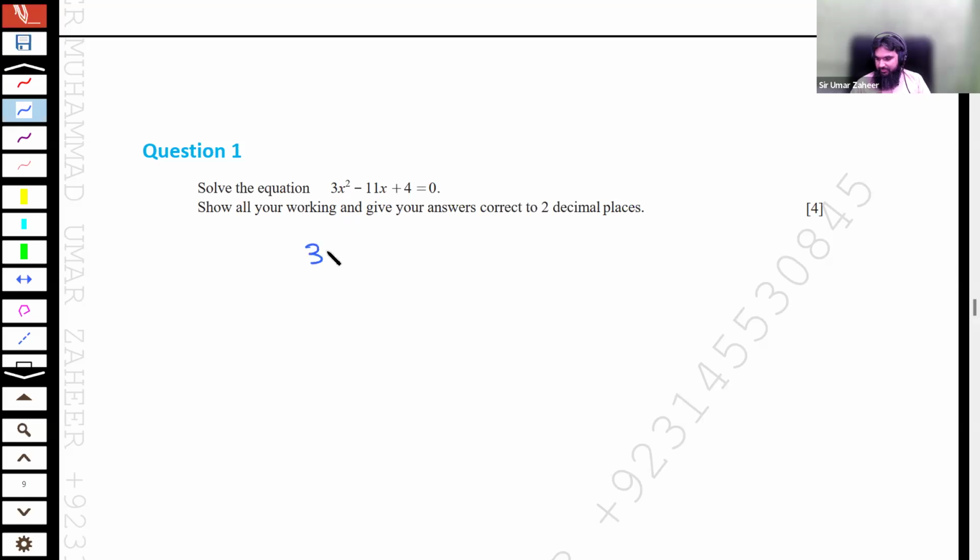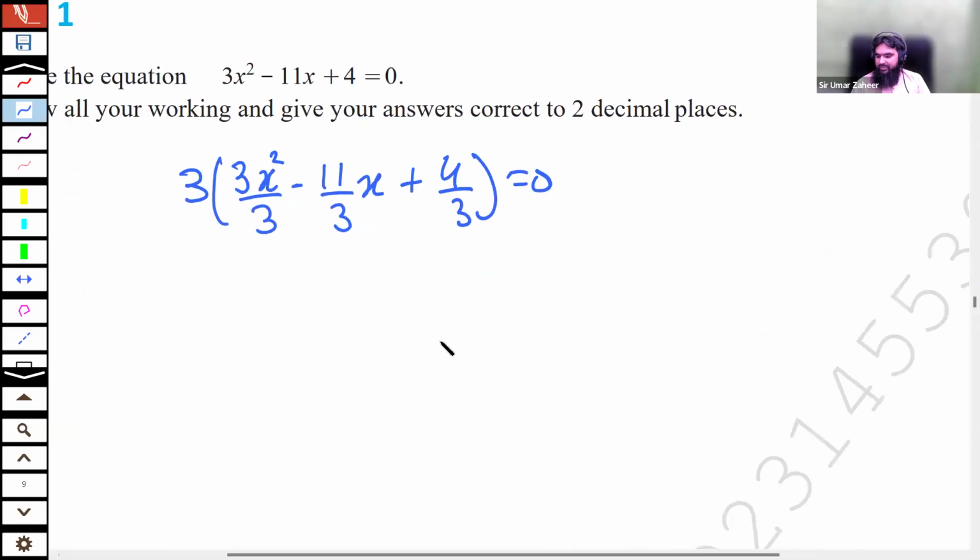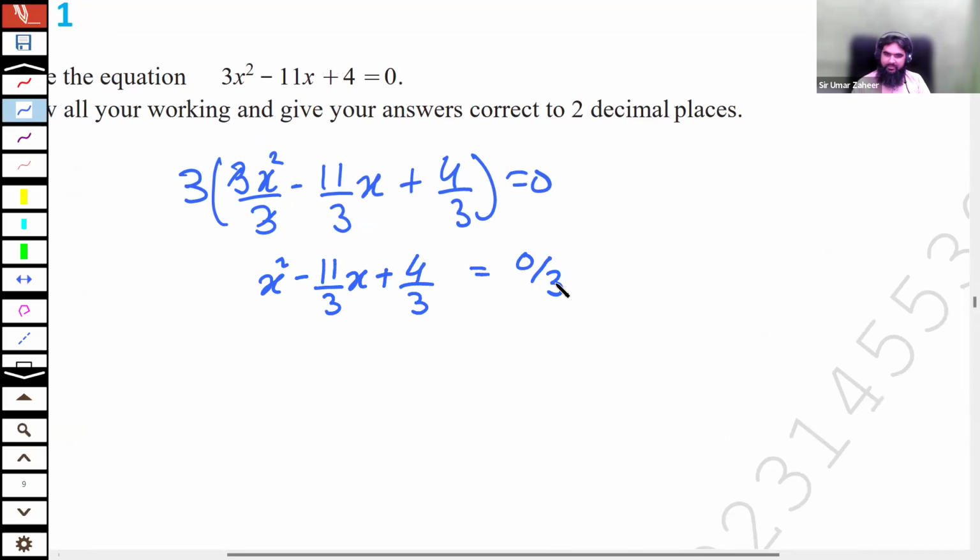Yes, we have to multiply by 3 and divide by 3 with each term. Now, this 3 multiplying on this side will be divided, and this 3 will cancel out. x square minus 11 over 3 x plus 4 over 3 is equal to 0 over 3.